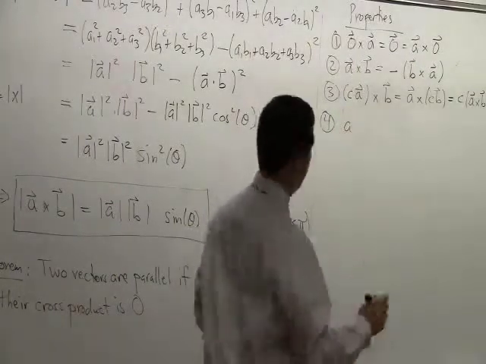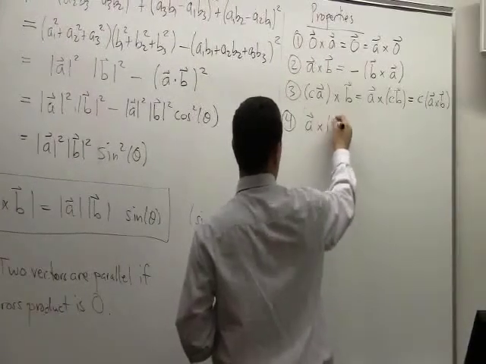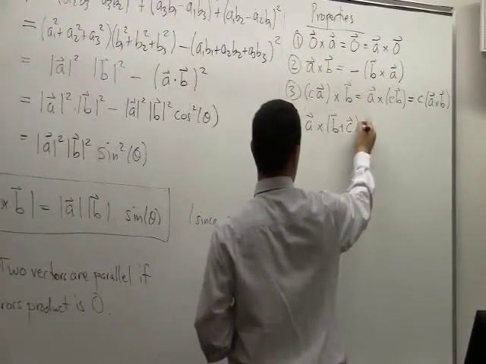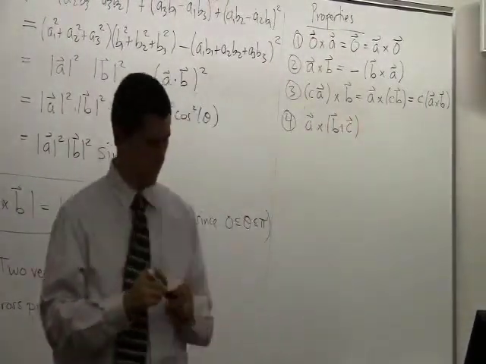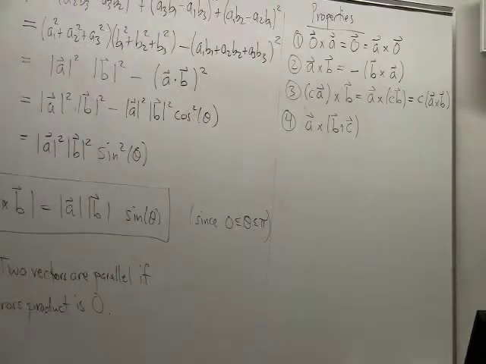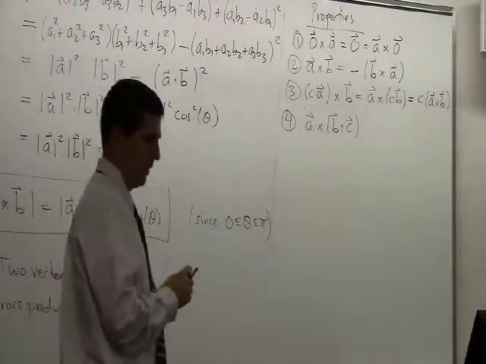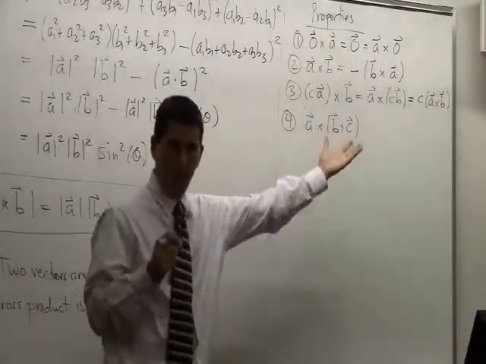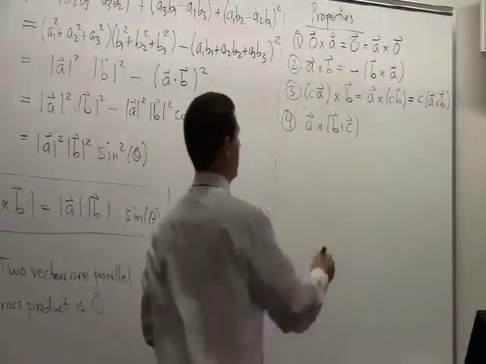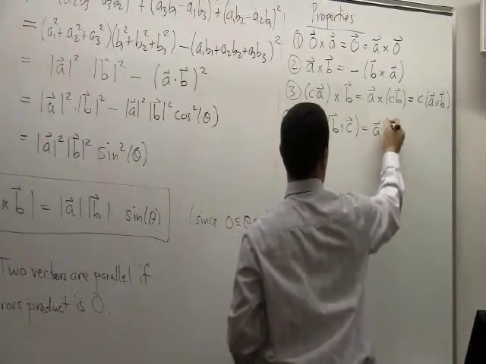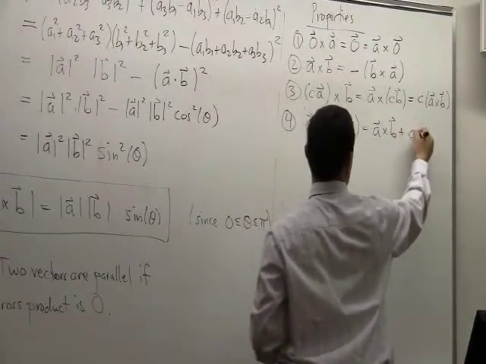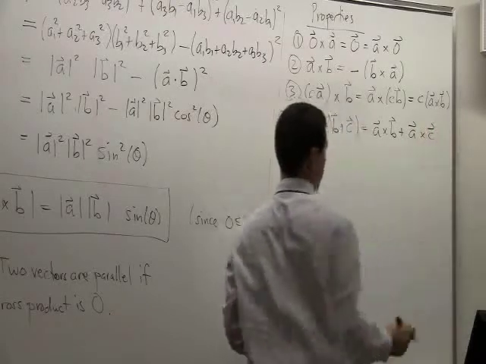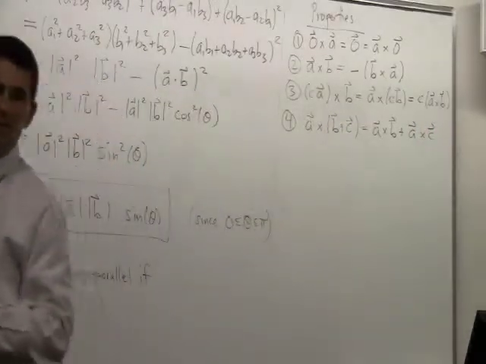The next one is a distributivity condition. And it just says that it actually works the way you want it to. This is A cross B plus A cross C. So distributivity actually does work.